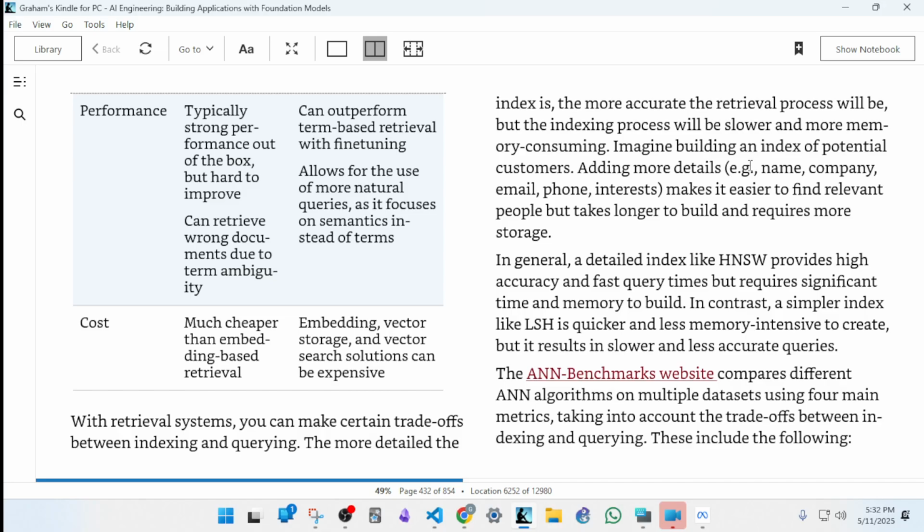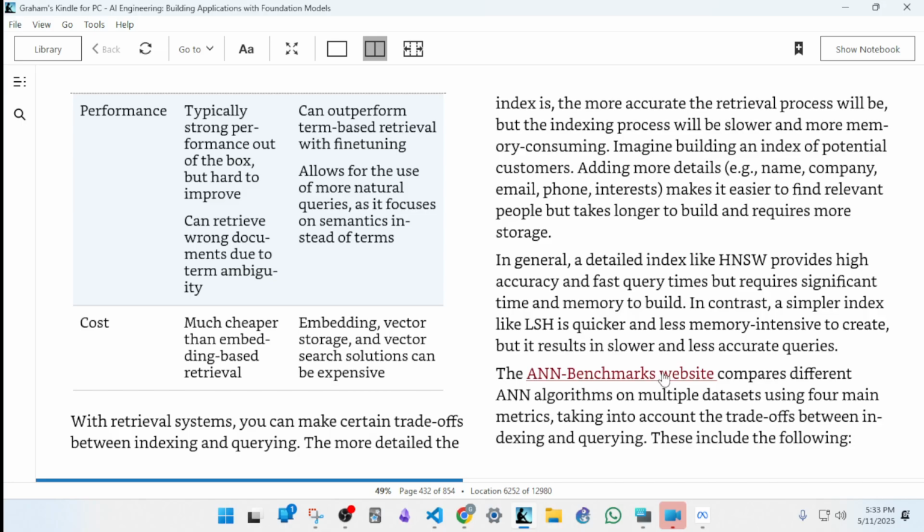Adding more details, for example, name, company, email, phone, interests, makes it easier to find relevant people, but takes longer to build and requires more storage. In general, a detailed index like HNSW provides high accuracy and fast query times, but requires significant time and memory to build. In contrast, a simpler index like LSH is quicker and less memory intensive to create, but it results in slower, less accurate queries.